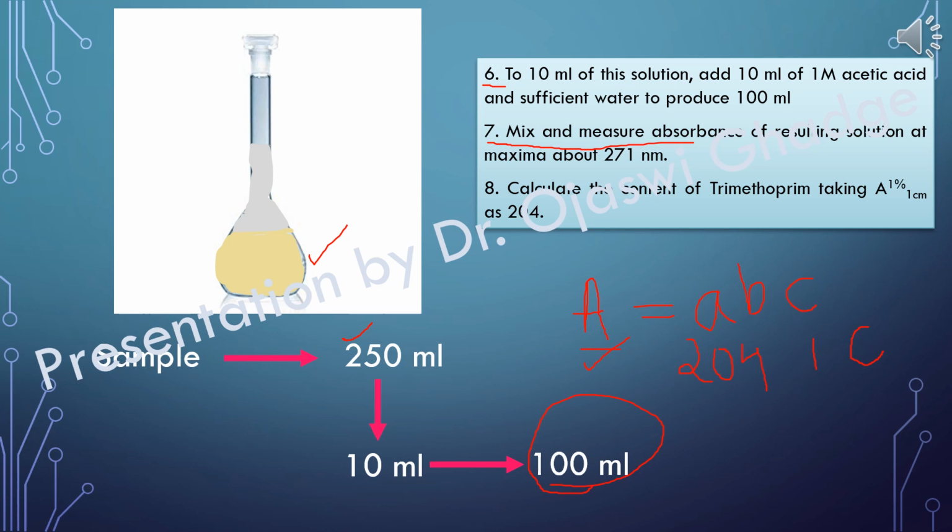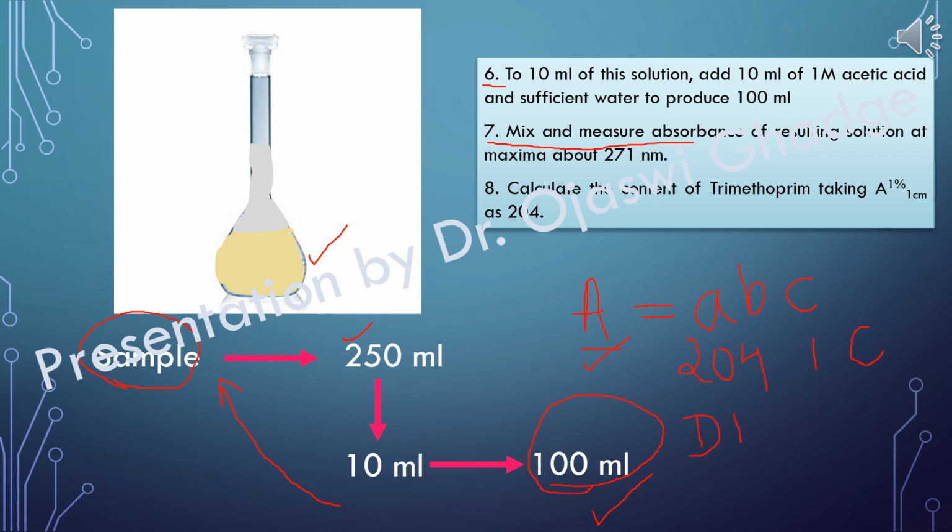Whatever concentration we get is the concentration of trimethoprim in the flask which we have taken for the absorbance, right? But our aim is to find out the content of trimethoprim in this sample. Therefore we have to do a back calculation. For back calculation we require the dilution factor.